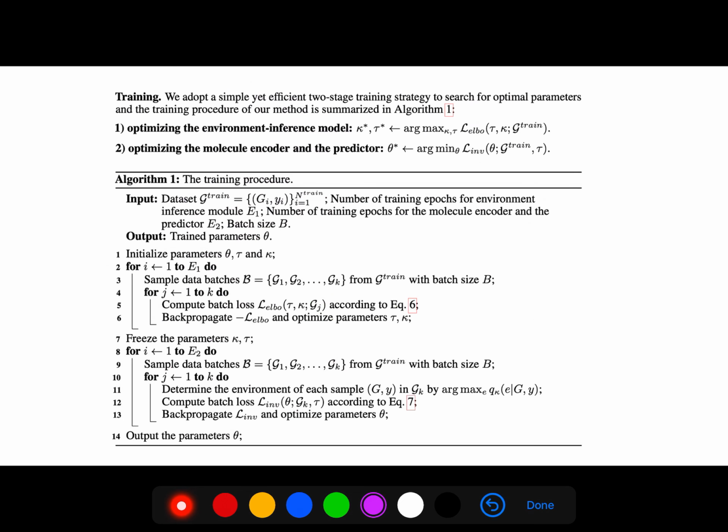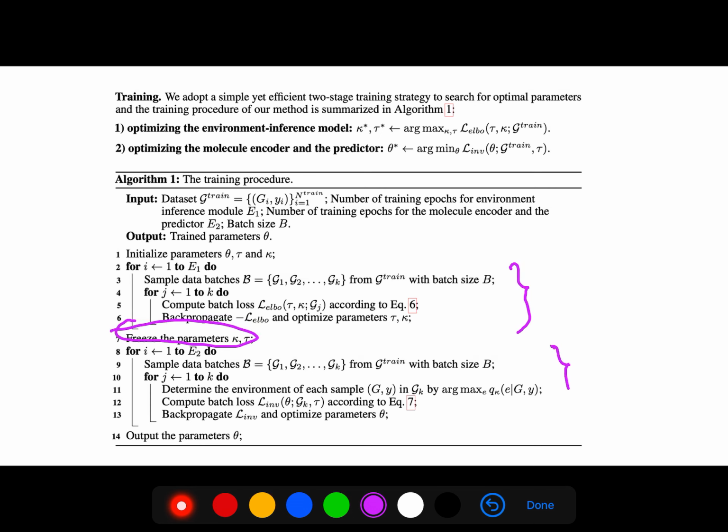So this is the algorithm, where we assume that we have given a data set and number of training epochs. So we go through this: we sample data batches and compute batch loss, and then we backpropagate. Then we freeze the parameters we learned.